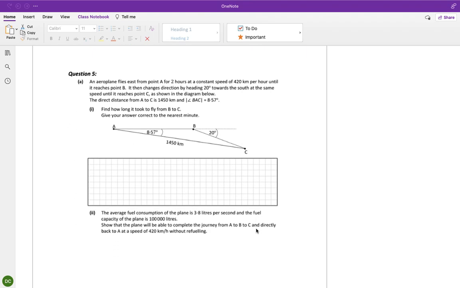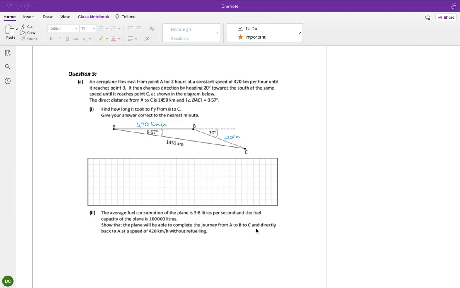Okay. An airplane flies east from point A for 2 hours at a constant speed of 420 kilometers per hour until it reaches B. It then changes direction, heading 20 degrees towards the south at the same speed until it reaches point C. So the speed's the same.